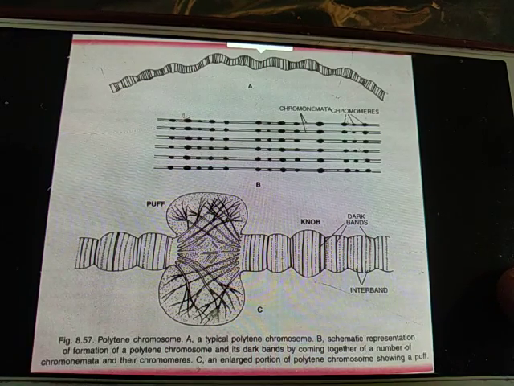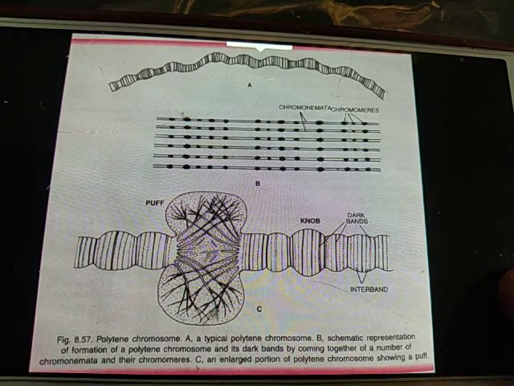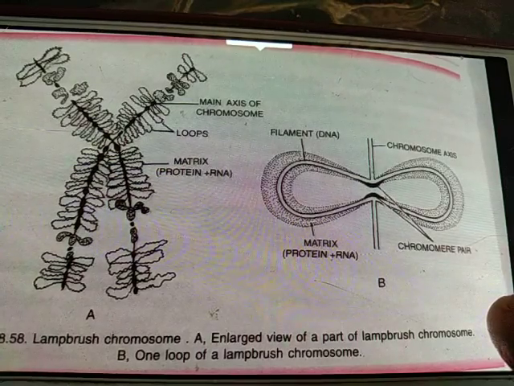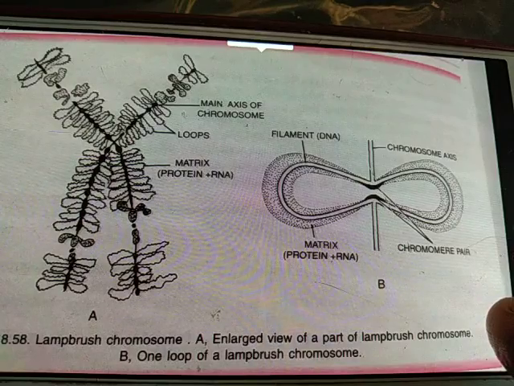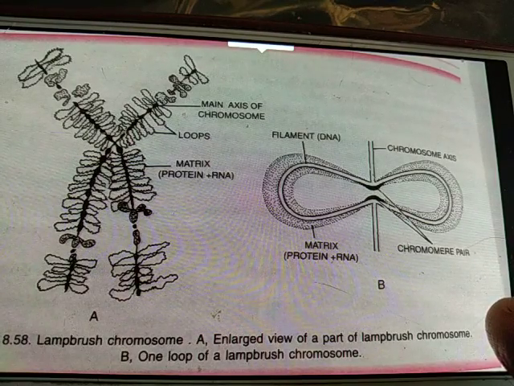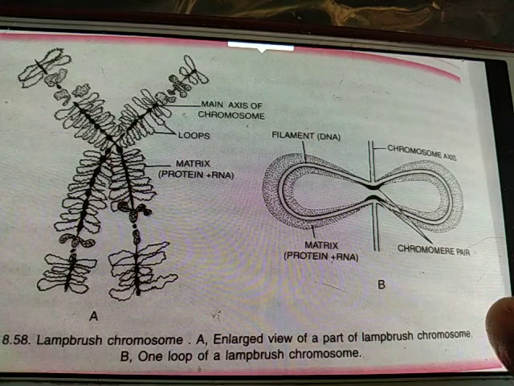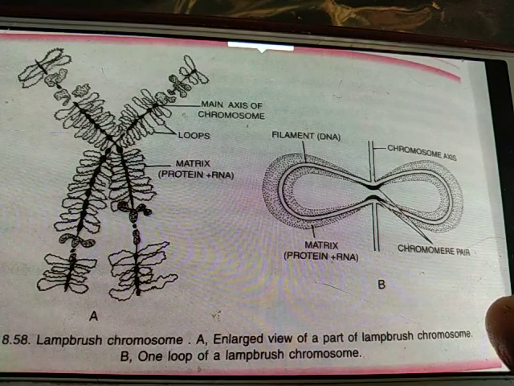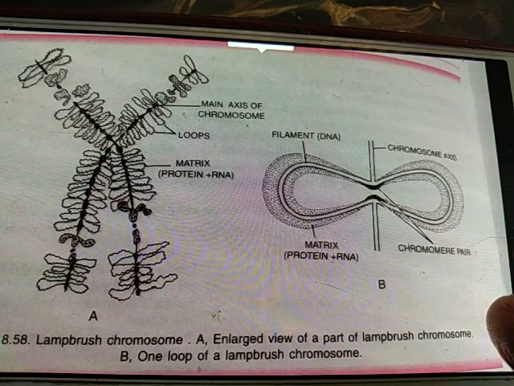Now, the next chromosome that we are going to discuss is the lampbrush chromosome. Lampbrush chromosomes are highly elongated, special kind of synapsed mid-prophase or diplotene chromosome bivalents, which have already undergone crossing over.